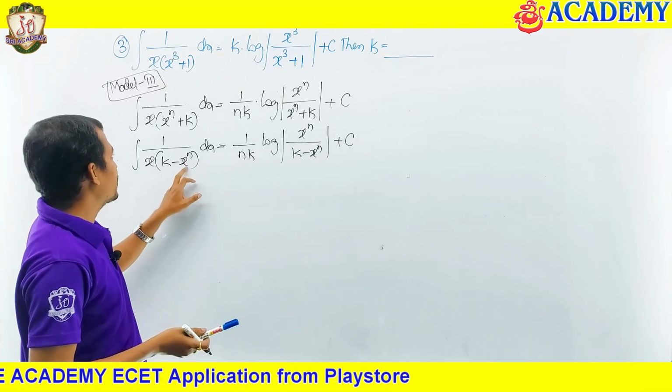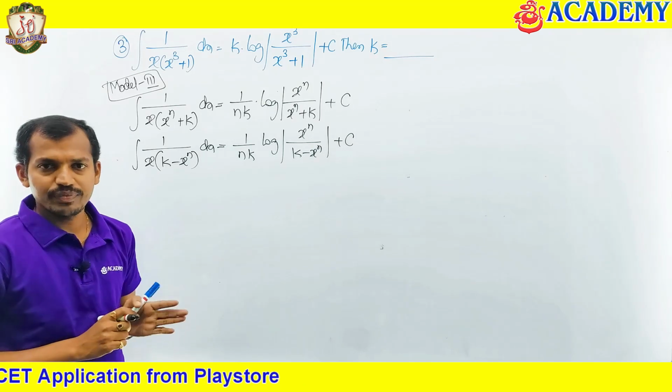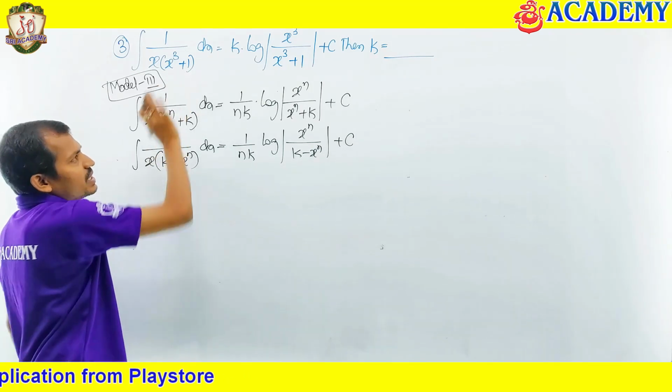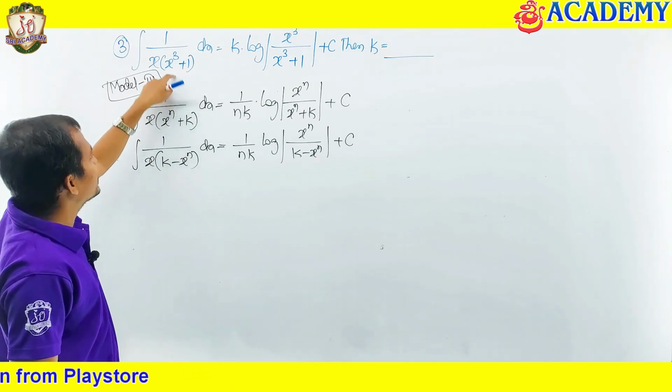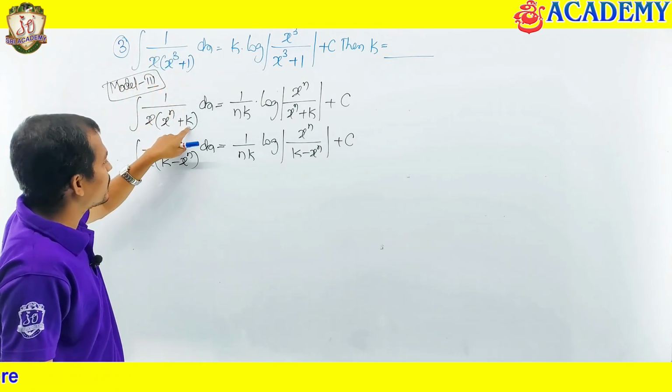1 minus x power n. Suppose k value is minus 1, you will get minus. No problem, right? I am writing by using that. If you write the answer for this, here n equals 3 and k value is 1.